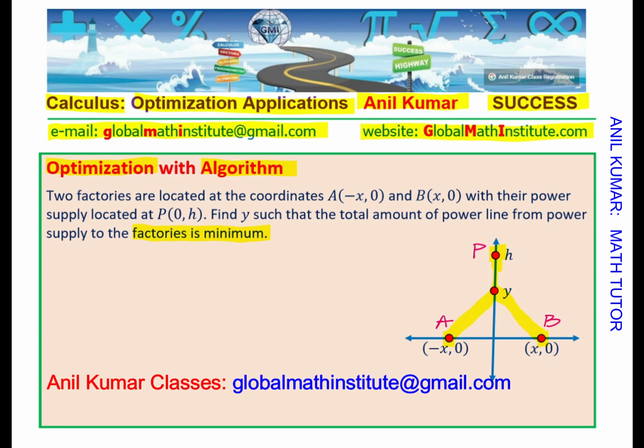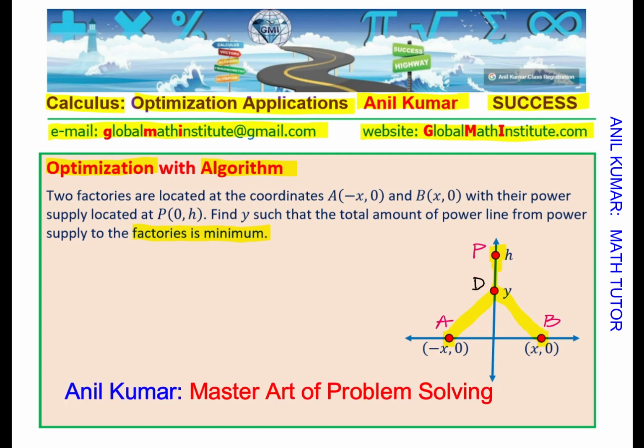Let's call this point the distribution point. From the distribution point, we have two sides which are the same, correct? So we can now find the length. We define L to be the length of the power line. So we have defined the variable.